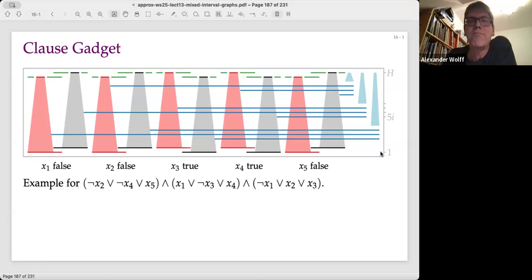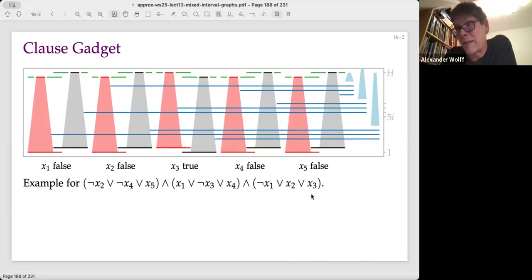And now let me change the value of x2, I think, no, x4. And this will increase the height or will push the middle blue Christmas tree up. And that means that it will actually use one color more if the three-set formula is not satisfiable.